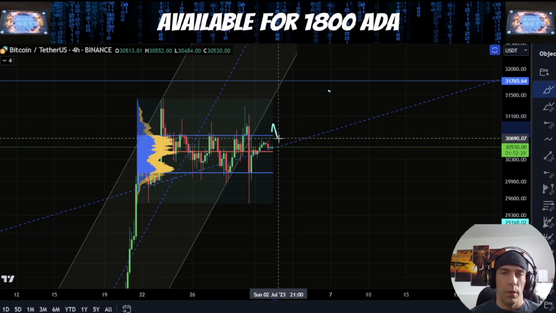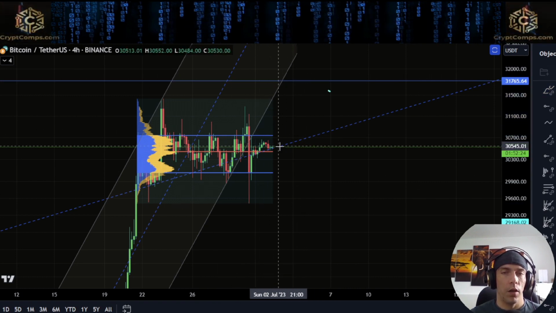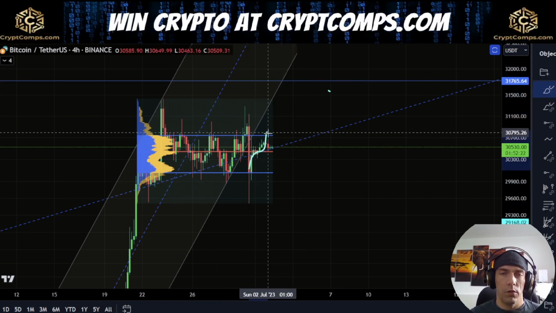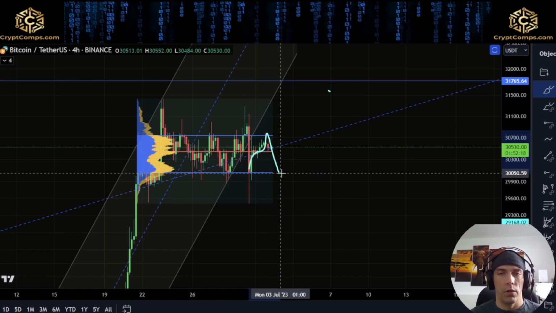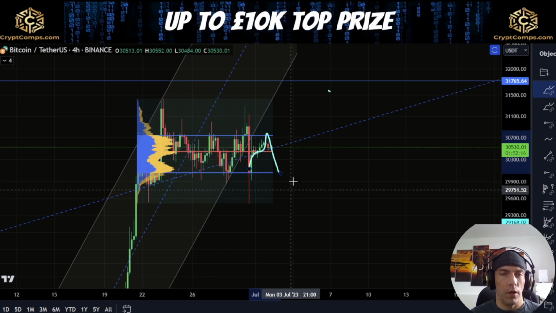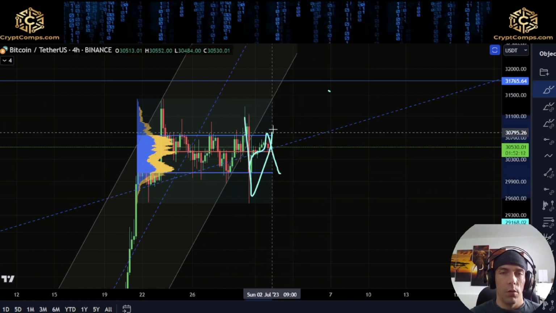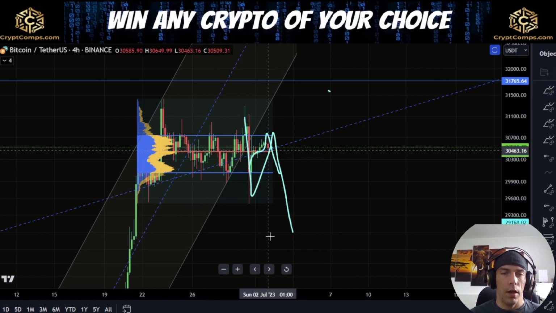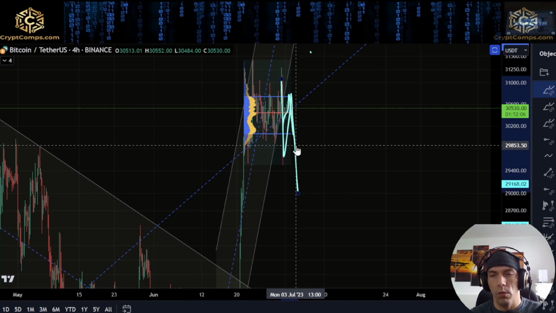If we do move back above that and find support, potentially we could be looking for a break to the upside. Alternatively, if we do start to reject from this, we could see price gravitate back down towards this 30,050 level, towards this value area low. And then if we start to lose that, potentially we're going to look to sweep this low here and possibly look to come back down into some of those lower target areas that we were talking about.